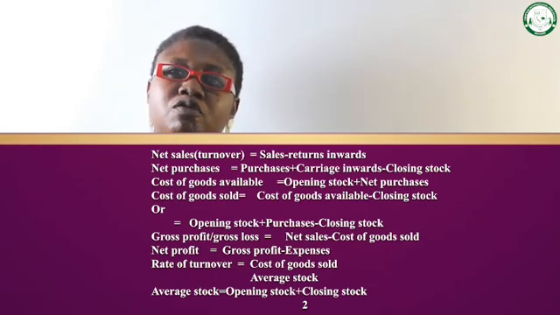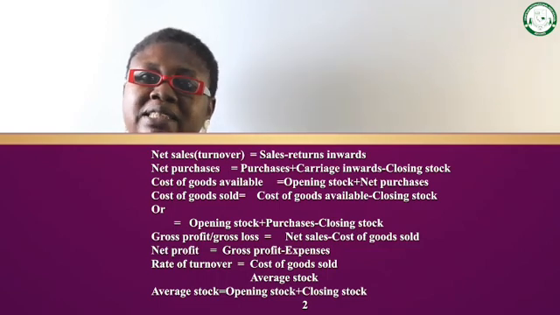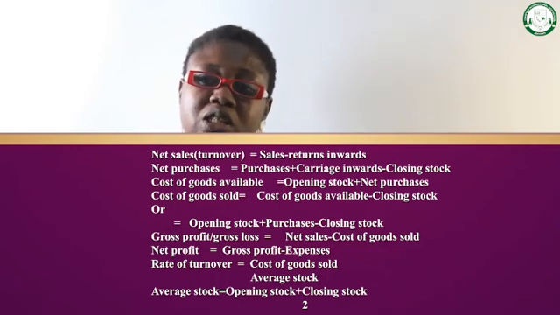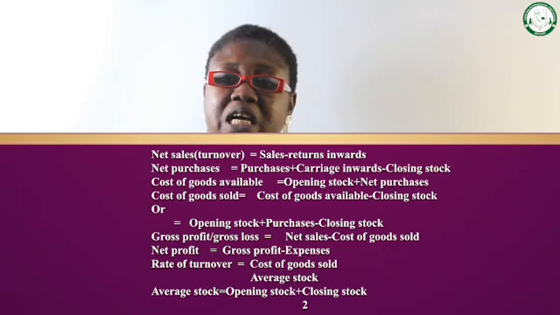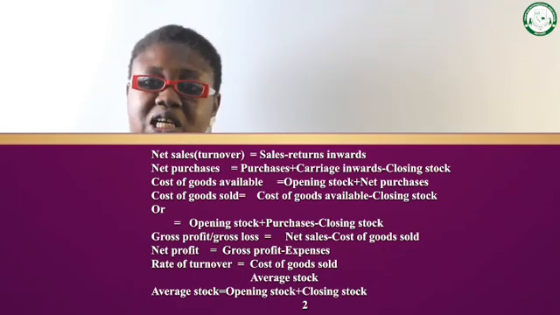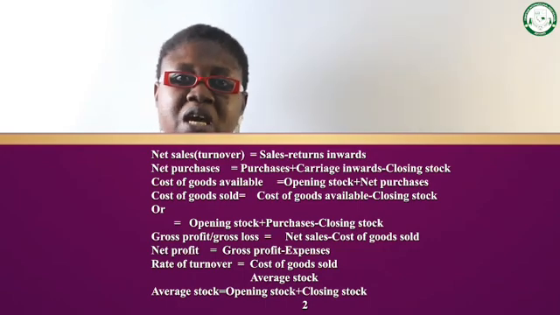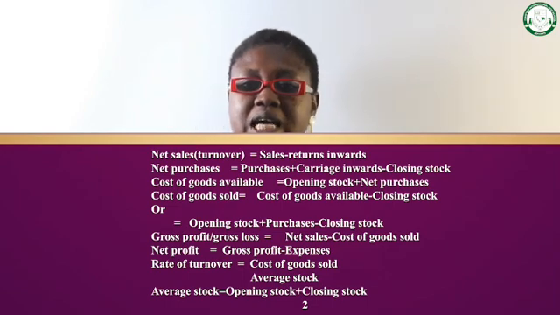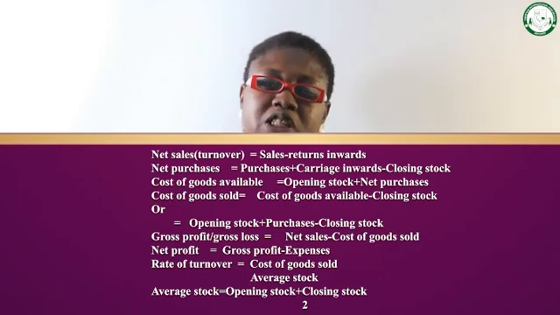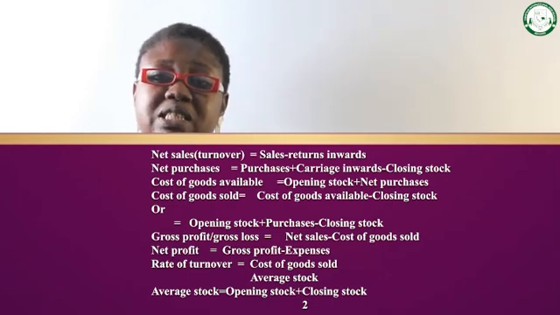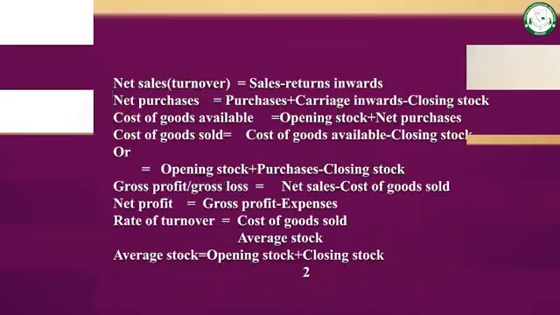If the cost of goods sold is more than the net sales, the answer is negative, which is interpreted as a loss for the business. But if the cost of goods sold is less than the net sales, you get a positive answer, and that simply means the business has made a gross profit.